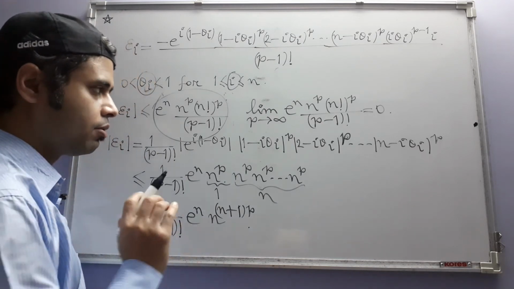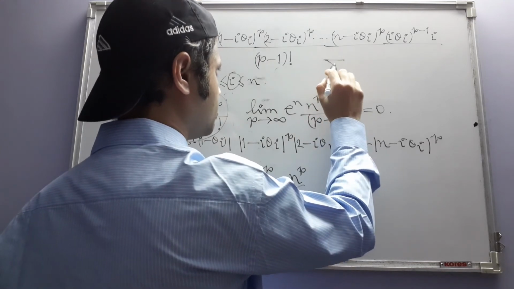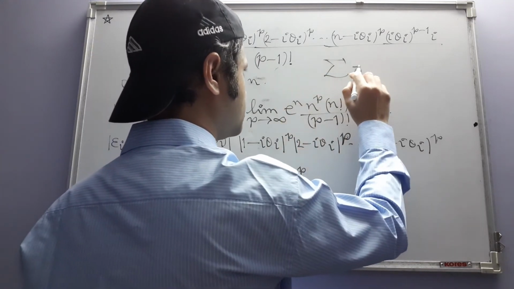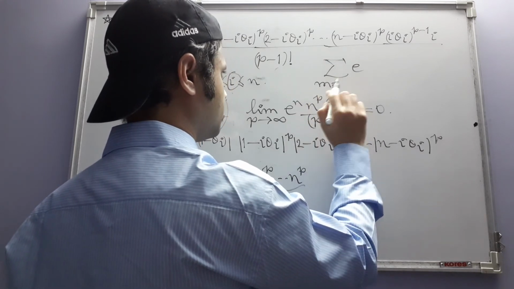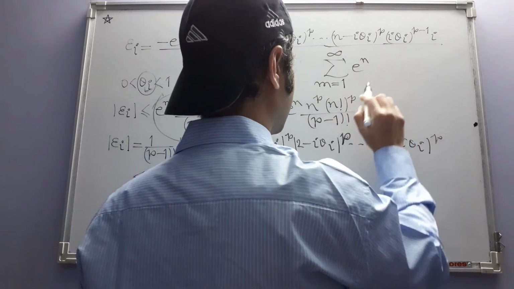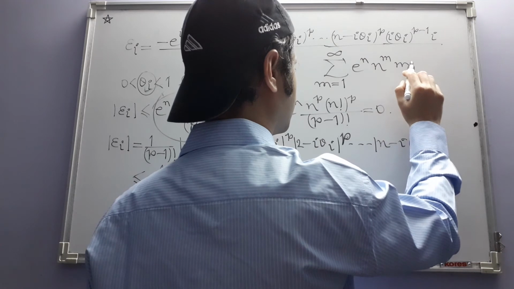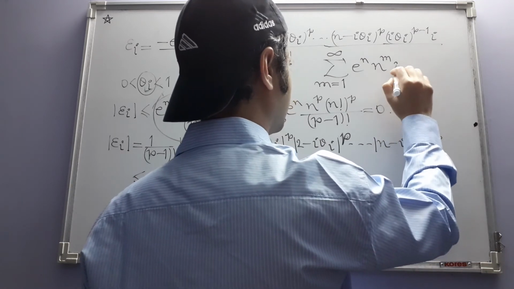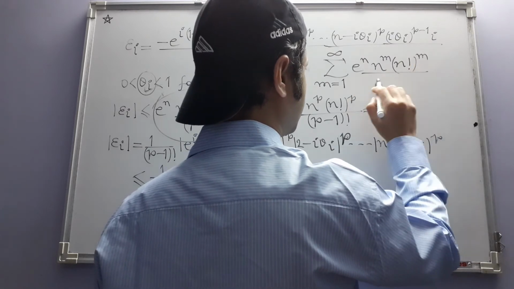I originally planned to prove this by showing that this series is convergent: the sum of e to the power n, n to the power m times n factorial to the power m.